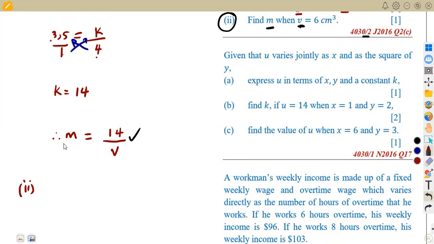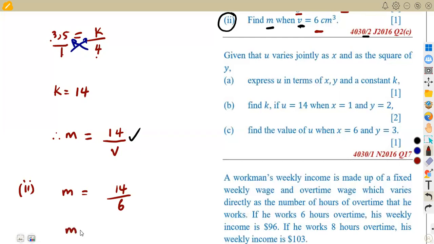So M is going to be equal to 14 over V, which is our volume, and our volume we are given as 6 cubic centimeters. So what we are going to do is to simplify.